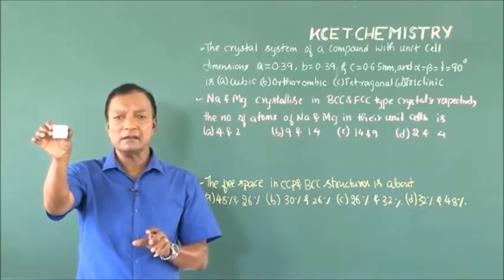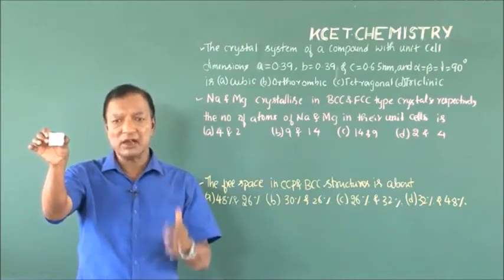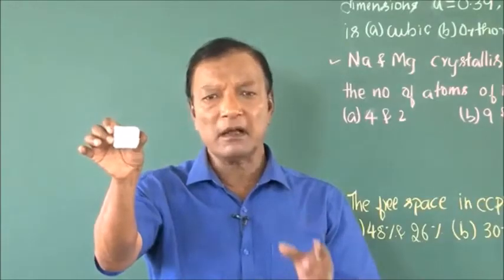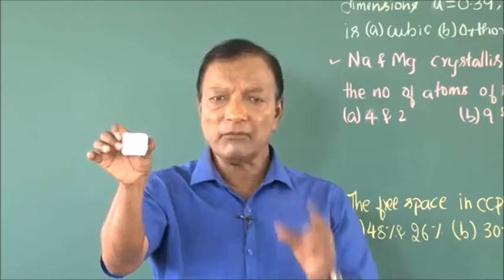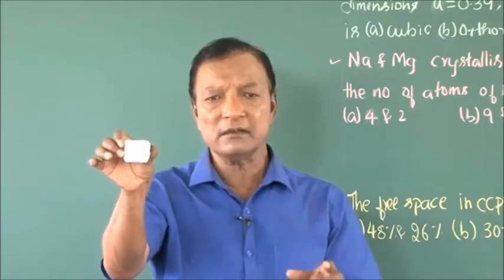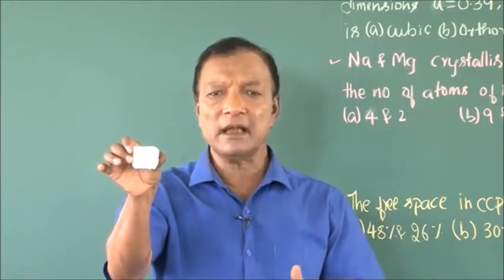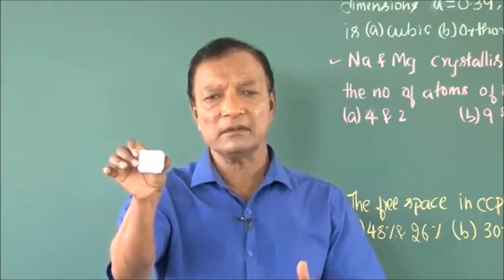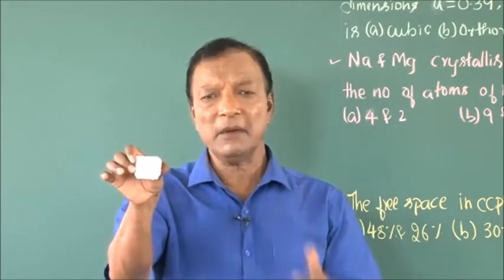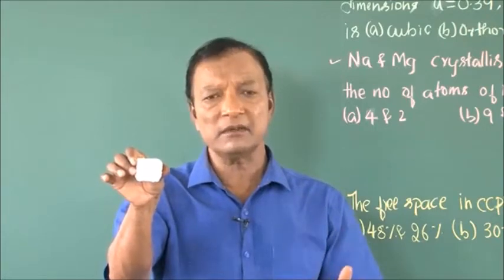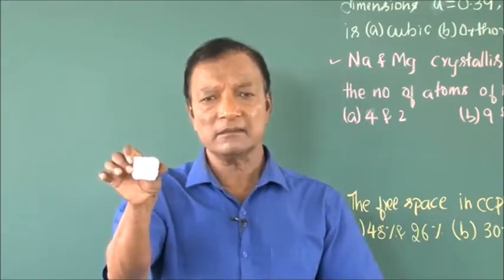And the angles, we call them edge angles, alpha, beta, and gamma. Alpha is the angle seen between the breadth and height, beta is the angle seen between height and length, and gamma is the angle seen between length and breadth.